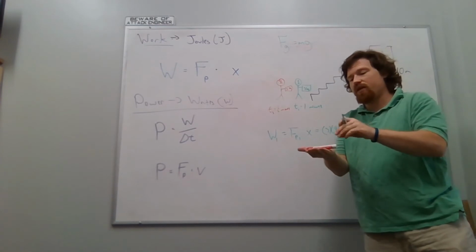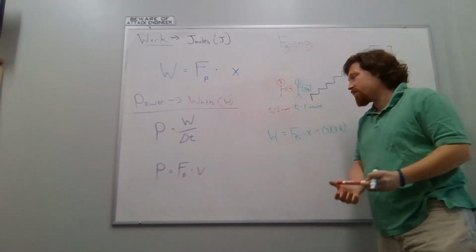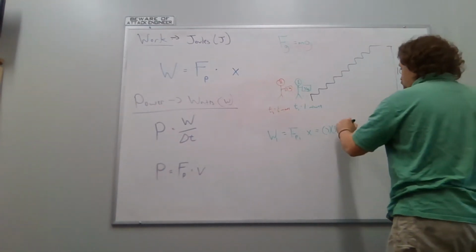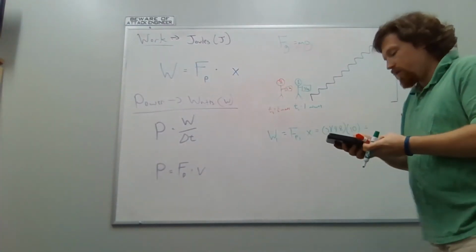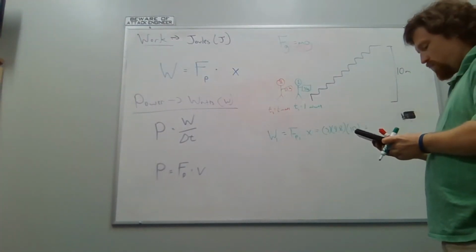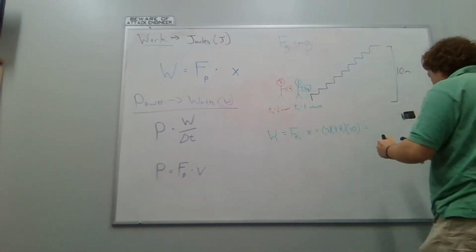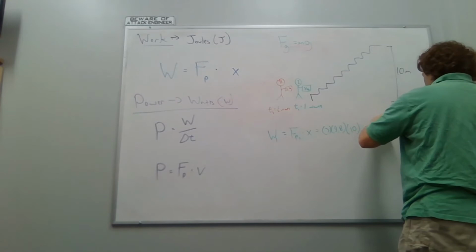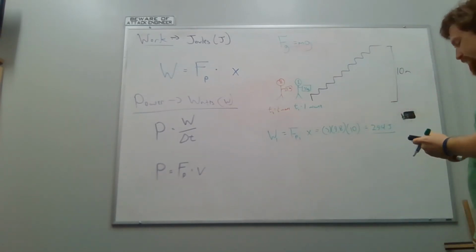In order to lift anything upwards, you have to exert a force equal or greater than its weight. And then we multiply by the distance. So, person 1 is going to do 294 joules worth of work.